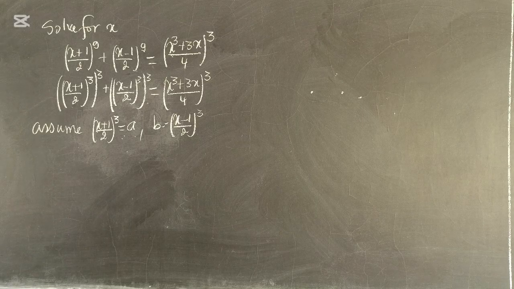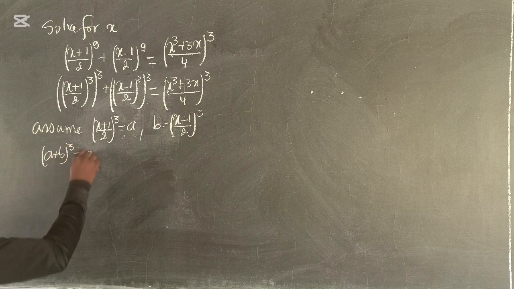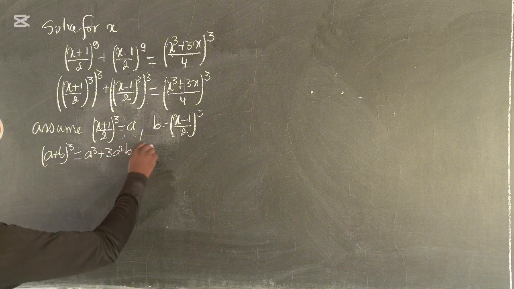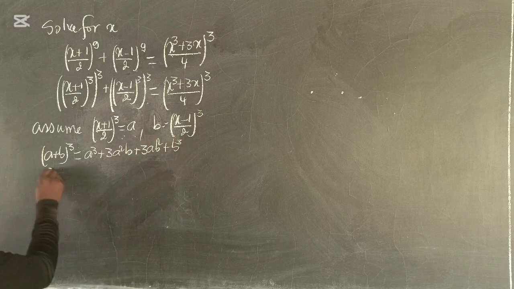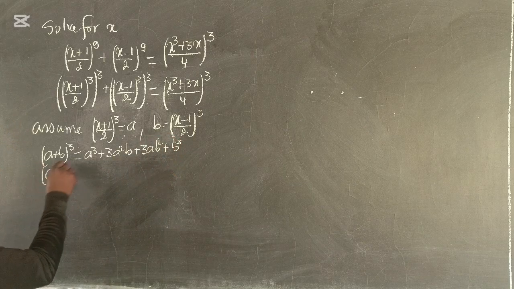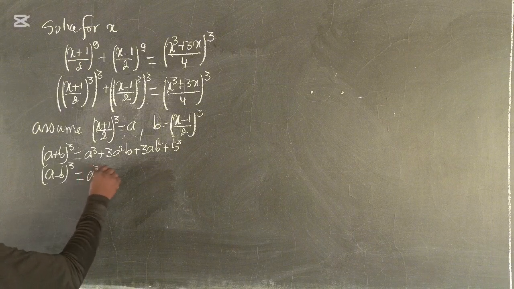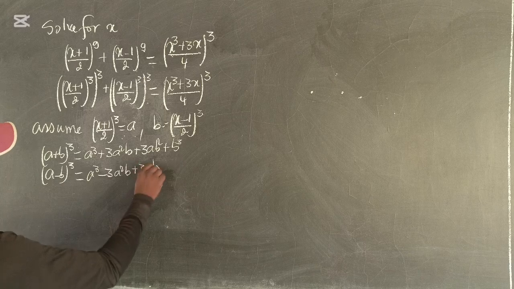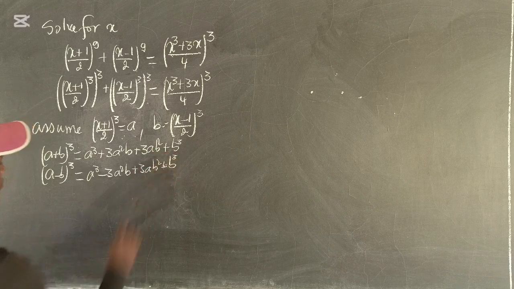You know that a plus b power 3 is a power 3 plus 3a squared b plus 3ab squared plus b power 3, while a minus b raised to 3 is a raised to 3 minus 3a squared b plus 3ab squared minus b power 3.